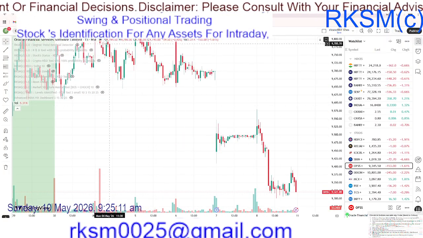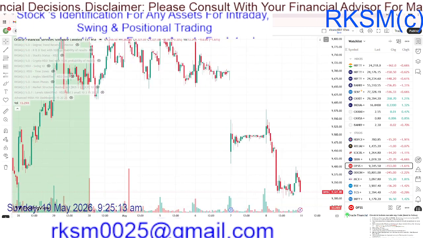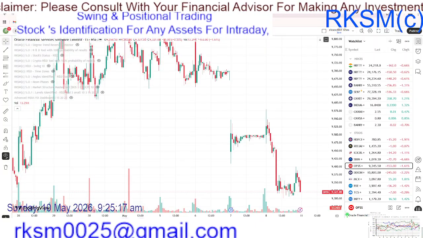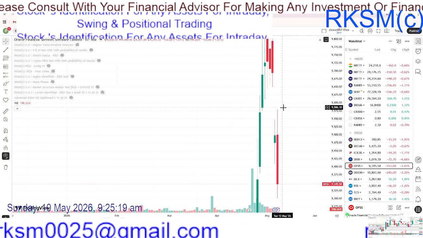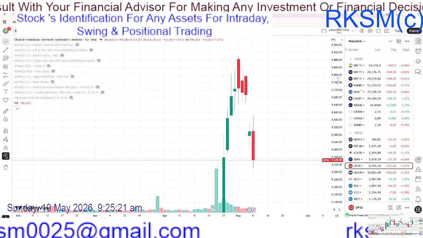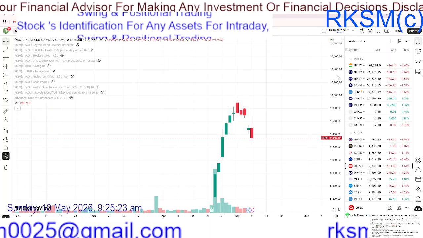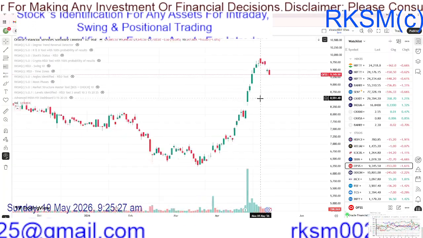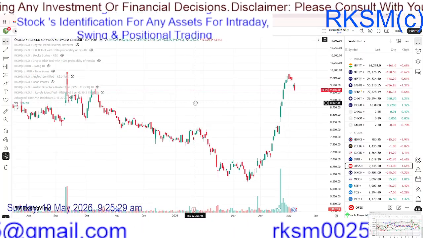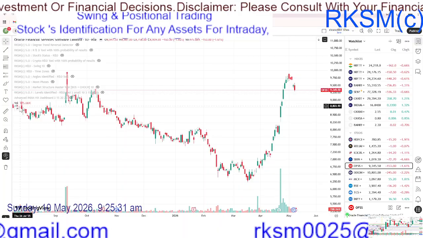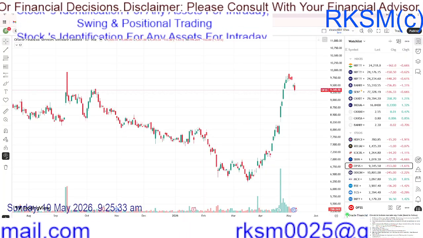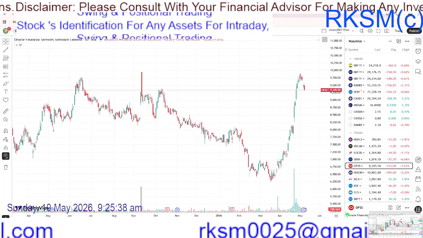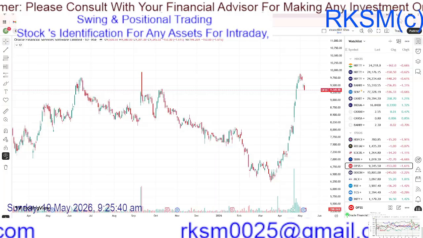We go to the daily basis. Now we are on the daily basis, and we just want to check whether our system is giving the correct thing or not. This is the OFS chart on the daily time frame. Now what is our system saying? Let's have a look.